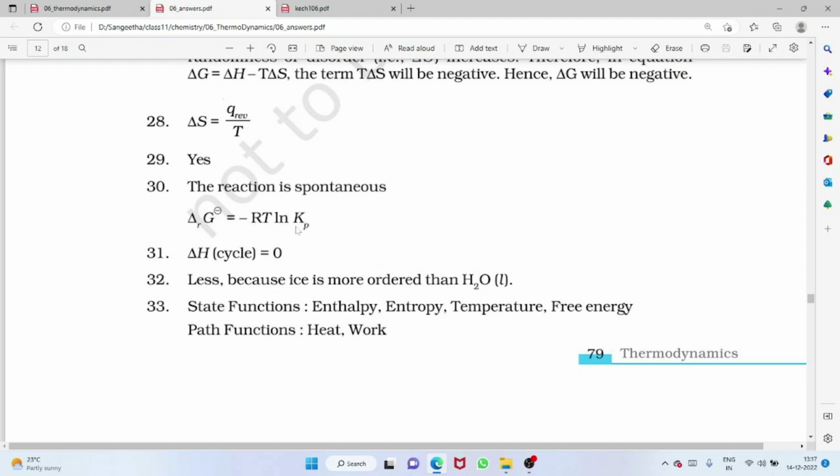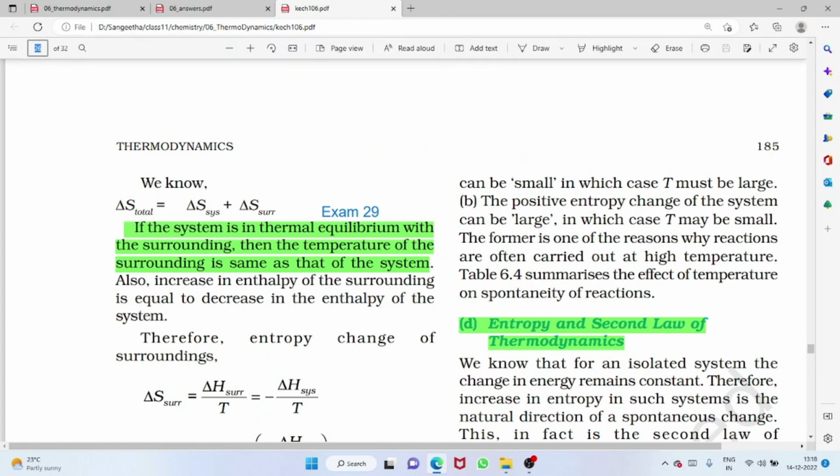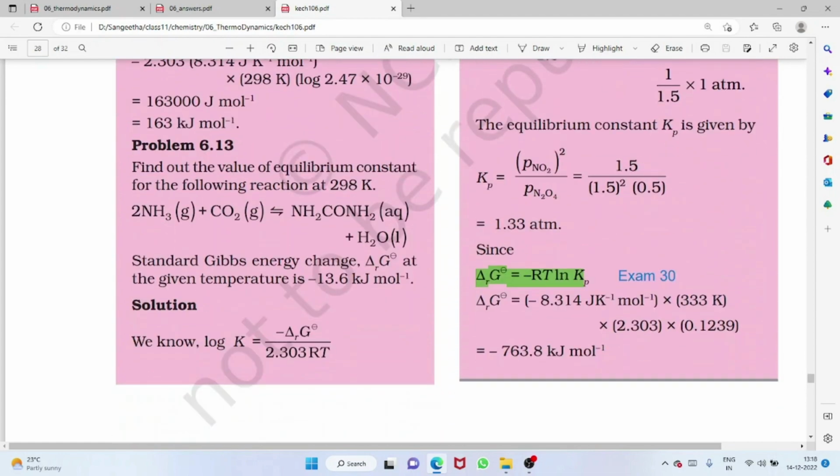When Kp is 1, then delta G will become 0. But Kp is not 1, so delta G is negative. So this is the equation.